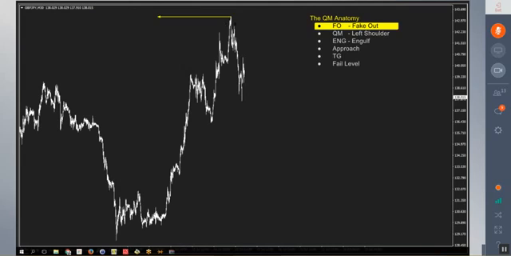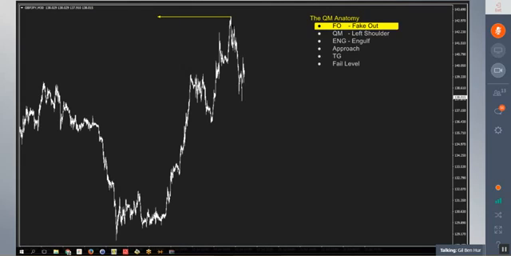Do you see my mouse there? Perfectly. Yeah, okay. We really always must know what this reaction is. Always we have to go left and see if this is a bounce of something significant.